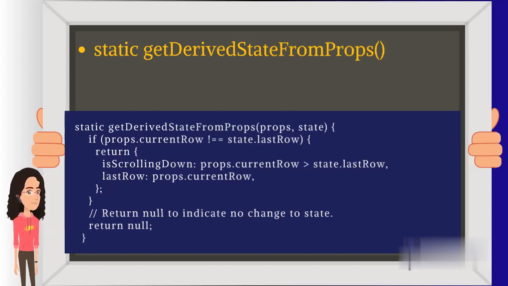And the other is the getSnapshotBeforeUpdate method. Resizing the window during an async rendering is a good use case of when getSnapshotBeforeUpdate can be utilized. This is another new lifecycle method introduced in React.